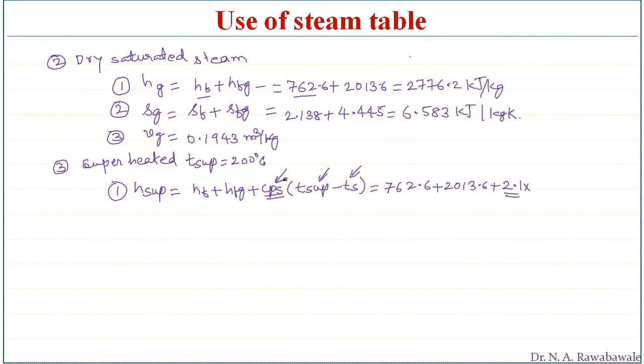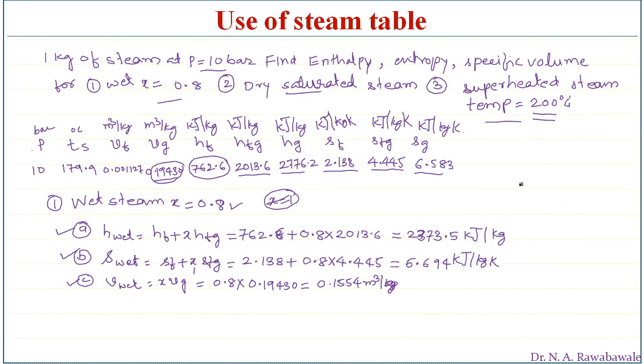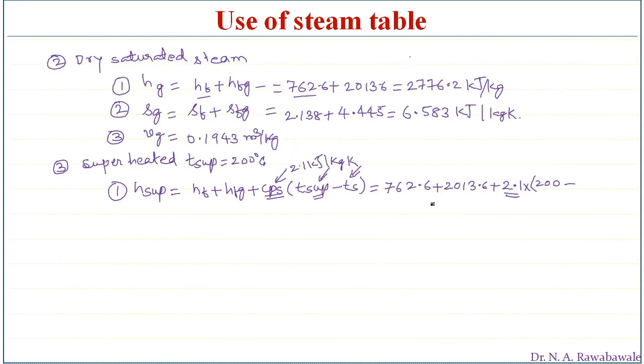This is always 2.1 kilojoules per kg Kelvin into temperature of superheated steam, which is given in the problem, is 200 degrees Celsius, minus temperature of saturation, which is taken from steam table, that is 179.9 degrees Celsius.